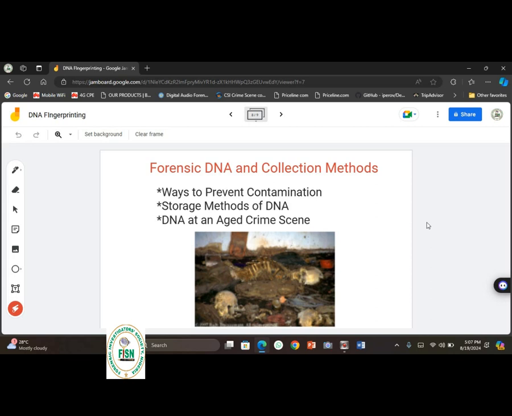Now, at the crime scene, one of the factors that must be considered in trying to prevent contamination is mother nature. At times, if the crime scene is outside, rainfall may dilute the blood sample or the biological fluid that is found there, and that may make it difficult for us to get a quantity of DNA that will be usable.